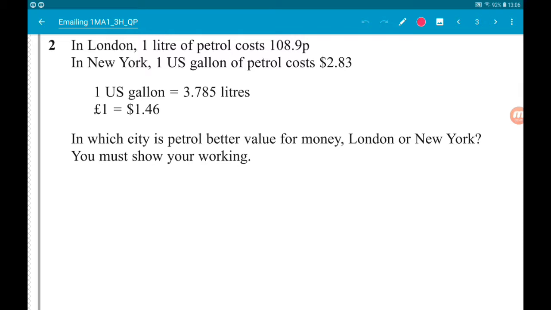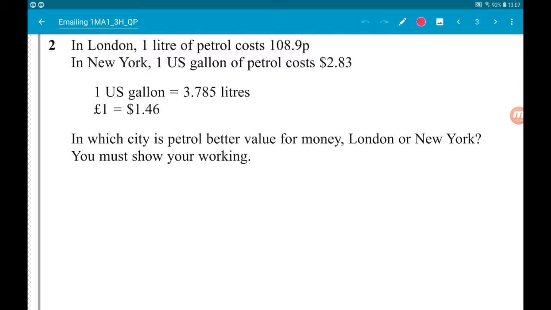Okay, so what I'm going to do is find out how much 1 litre costs in New York in terms of pounds. So, in New York, 1 US gallon of petrol costs $2.83. Now we know that 1 US gallon is 3.785 litres.